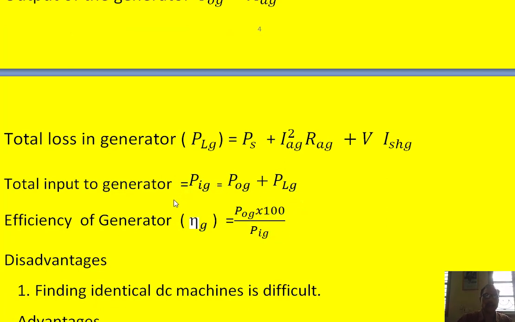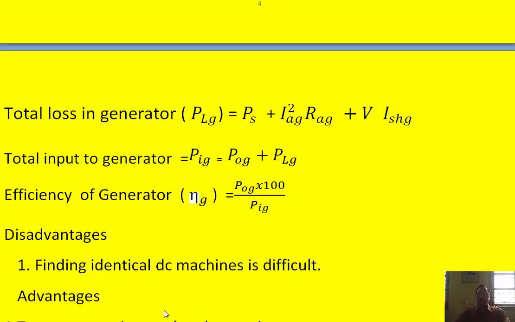So once we know the output of the generator and also input of the generator, we can find the efficiency of the generator, which is represented by eta G, which is equal to POG divided by PIG into 100, that is output power of the generator divided by input power of the generator into 100 will give us the efficiency in percentage. So then coming to its disadvantages.